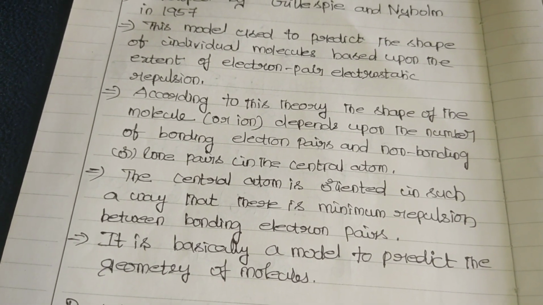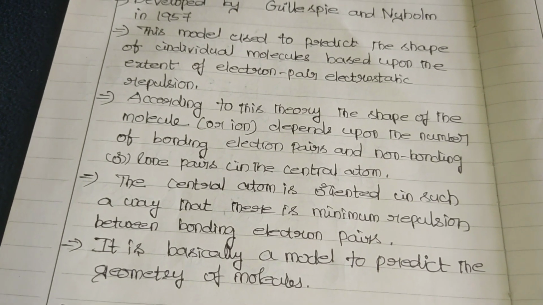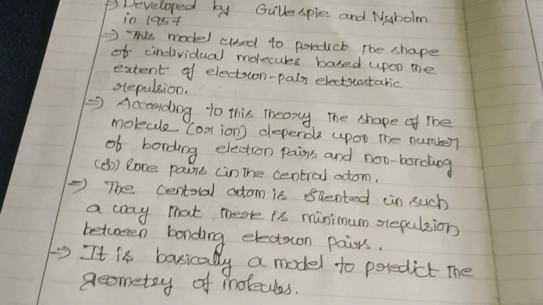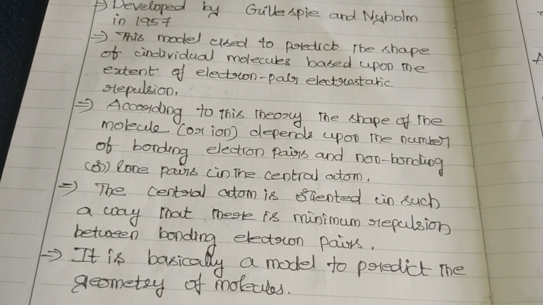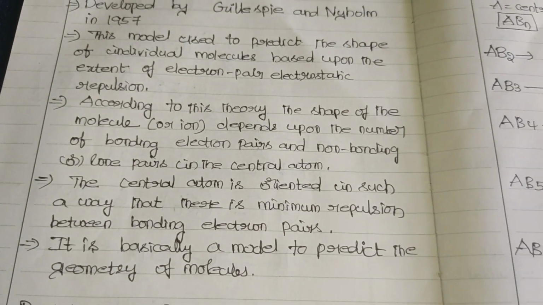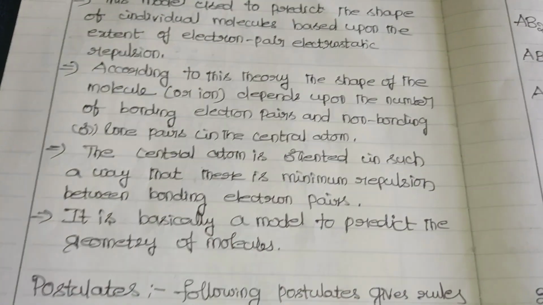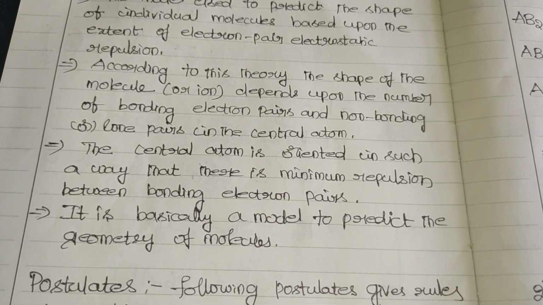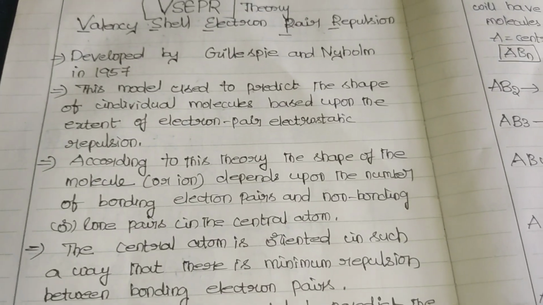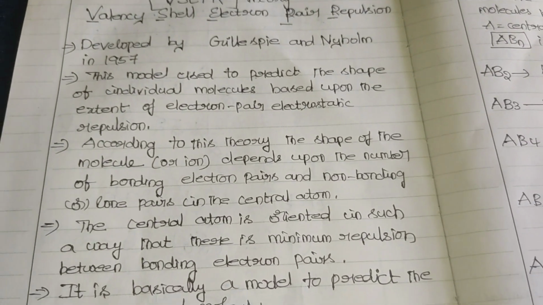So the central atom's orientation will be such that there is minimum repulsion between these electron pairs. It is basically a model to predict the geometry of molecules, explained by valency shell electron pair repulsion theory.